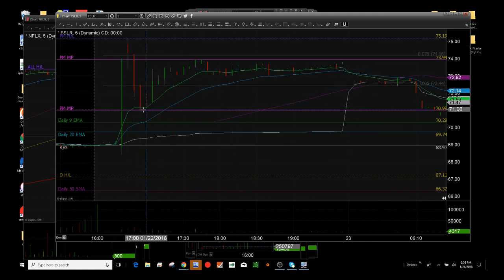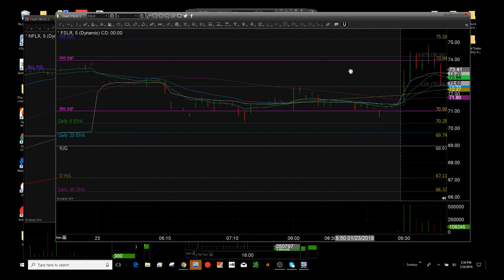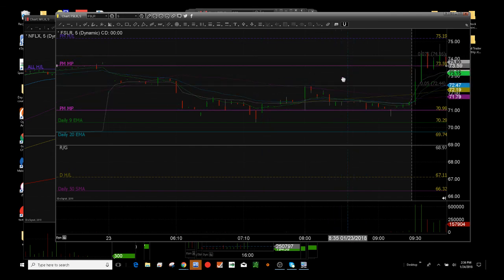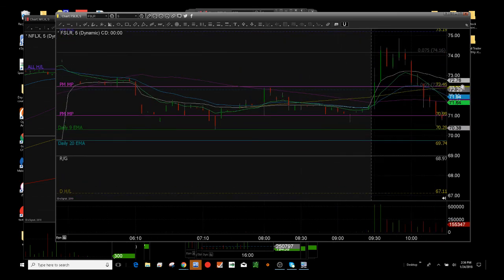He goes down, finds support, people buying it up, comes back down, gets knocked down. Maybe, actually, you know something? Maybe that pre-market macro pivot was here. It was here at the 5% level.